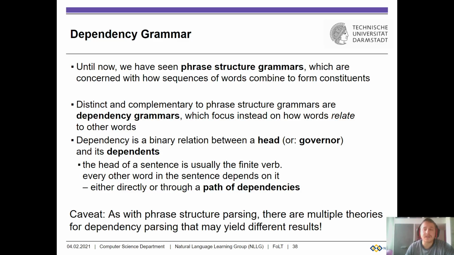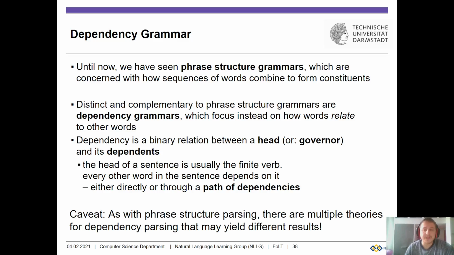And this then gives rise to internal constituents, which sometimes are also called non-terminal constituents, because they are not directly related to the words, but they abstract over different sequences of words.